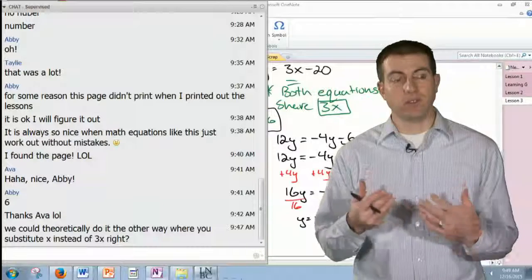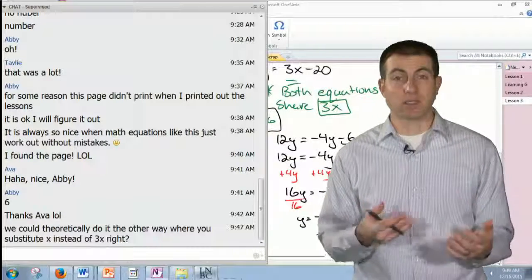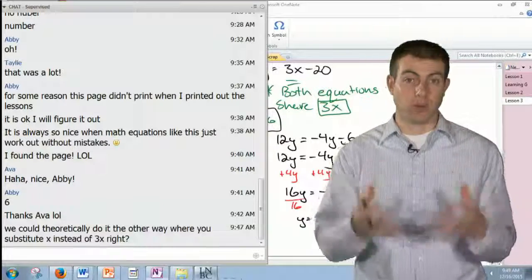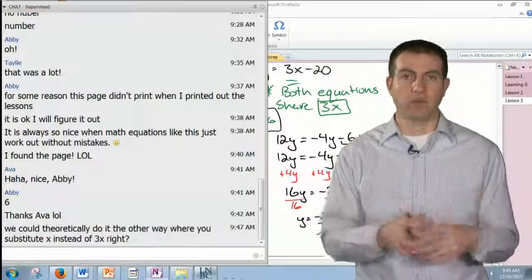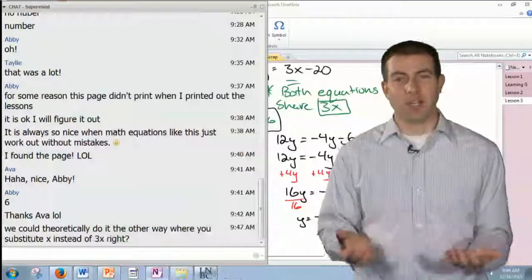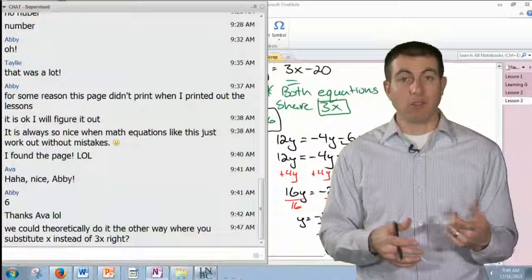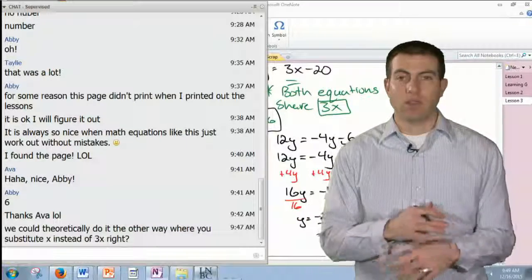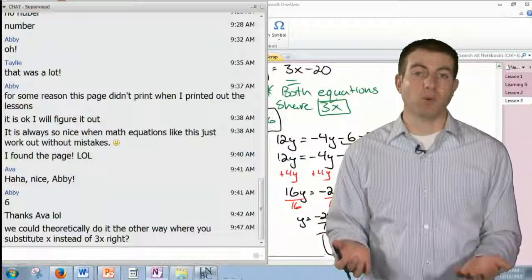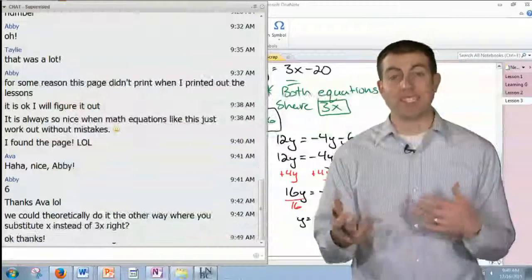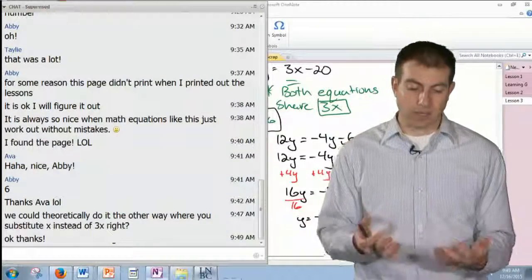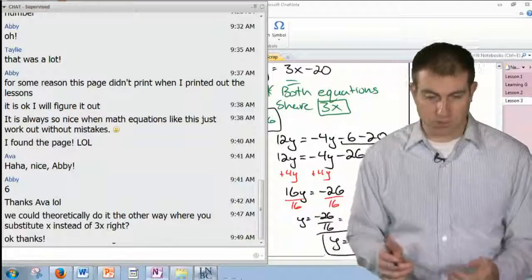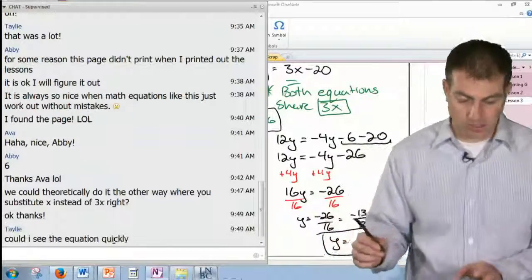So instead of doing it that way, if you can find perhaps a simpler way, like finding what 3x was equal to because it was shared in both equations, it just makes your life easier. But if you were to just solve for x and complete the equation like that, there's nothing wrong with that. It just may be more difficult. So we're just trying to figure out the easiest way to do this instead of perhaps dealing with some complex sort of fractions and things like that.